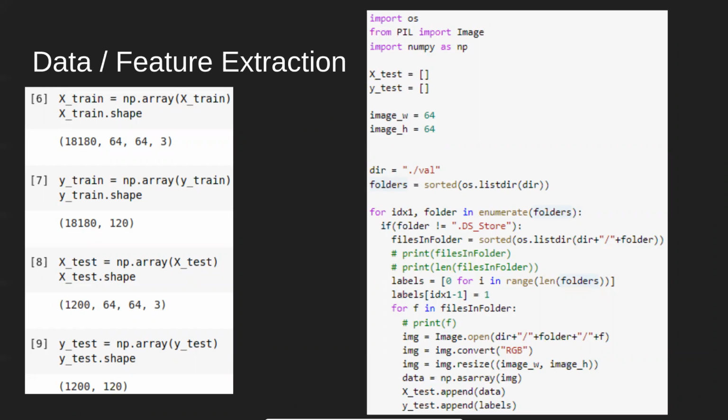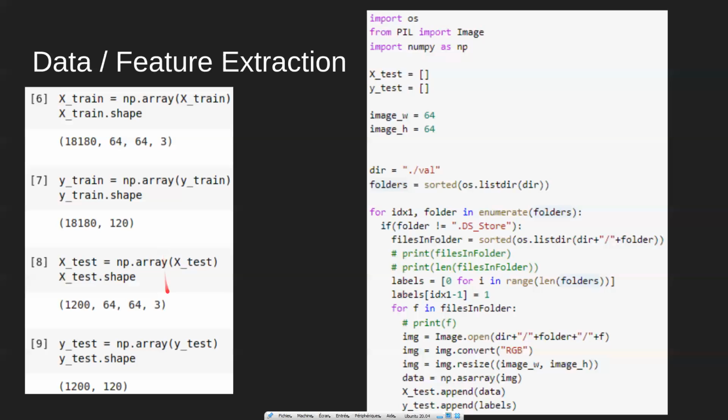First, we read the directory and convert the image into RGB, then transform it into a numpy array, and then append this data to X and Y. We do that for the test directory as well, and then for train, and then we change them into NP arrays.